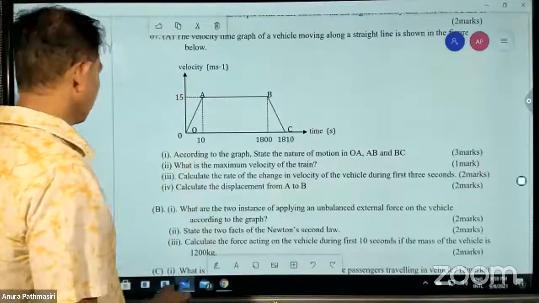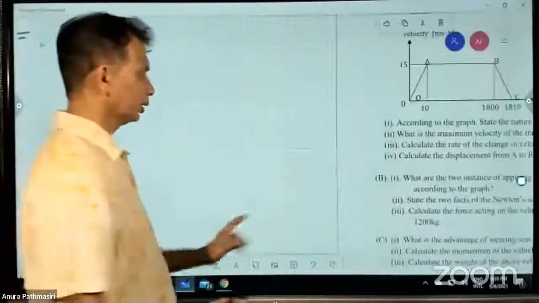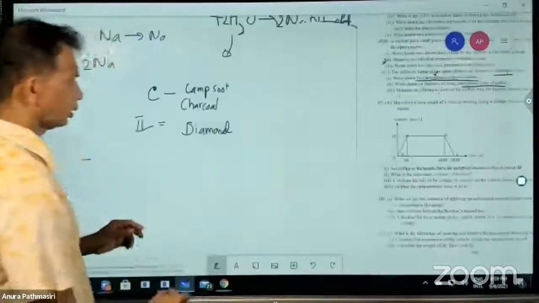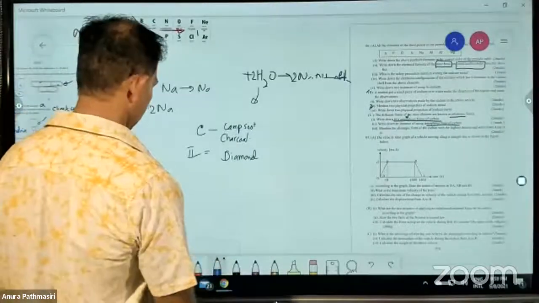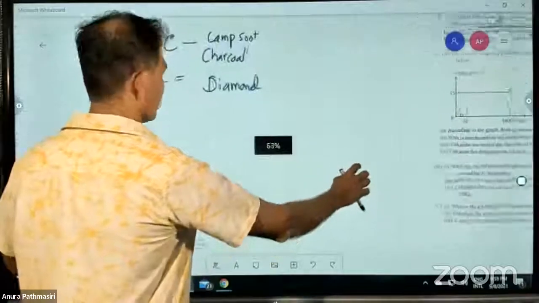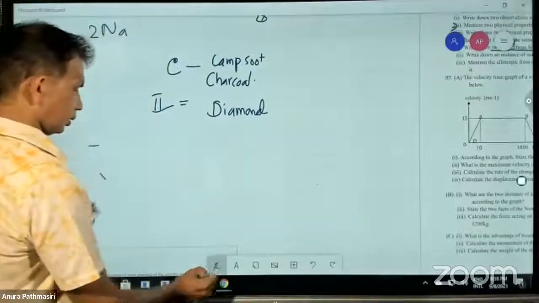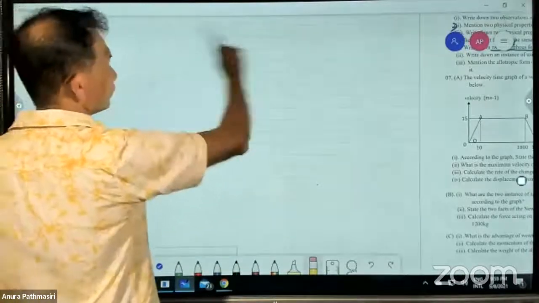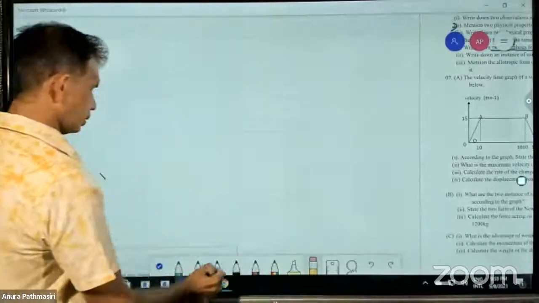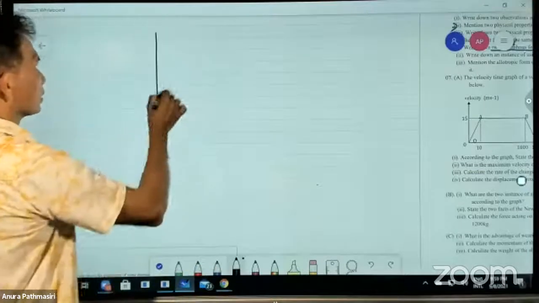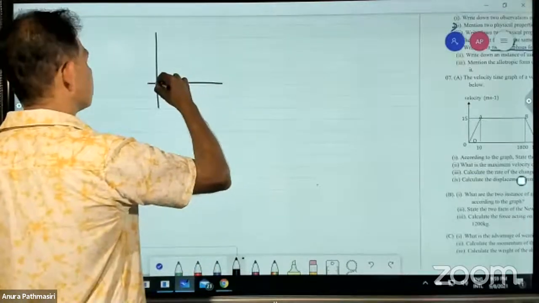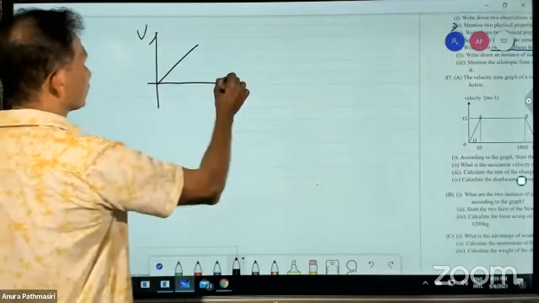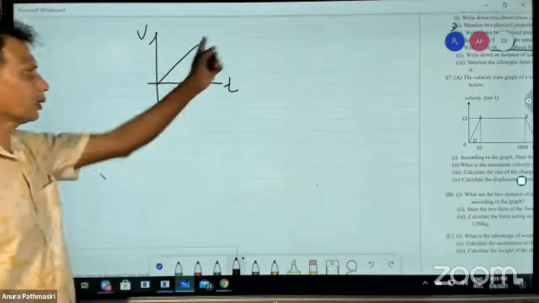If you can remember them, I'm going to give you a little reminder of what they are. Okay, I'm going to clean this part. Let me see what is this one. Velocity time graph, okay? What is this one?